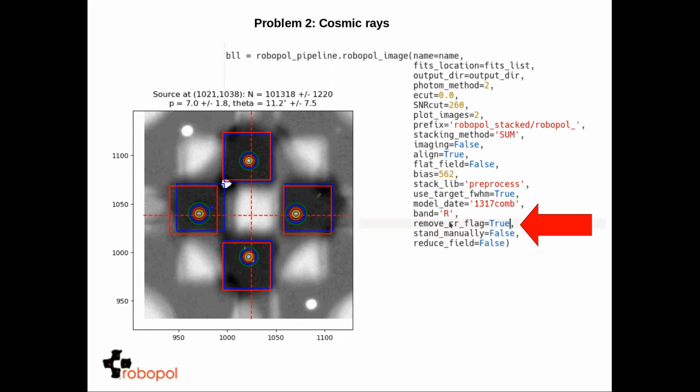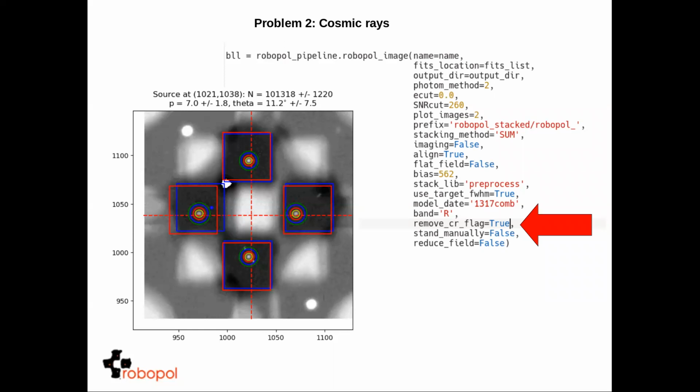When you call the constructor of a RoboPol pipeline instance, you should set the remove cosmic ray flag to true. It does increase the processing time. It runs an external library, a Python library that is based on some C code that was written many years ago. It's efficient, it works well, but unfortunately it's rather slow in Python.